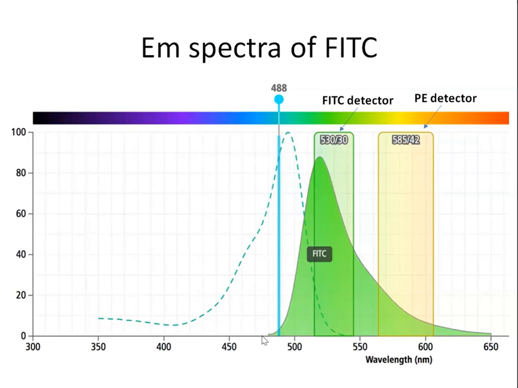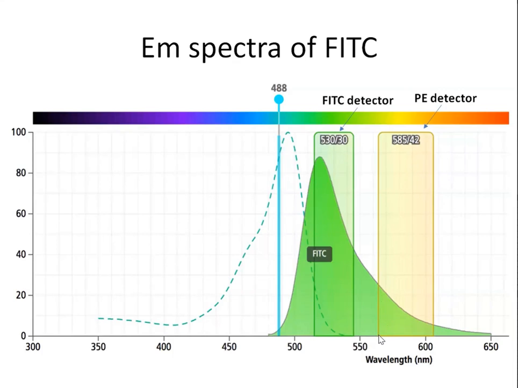But since the emission spectrum of FITC is so broad, some amount of this light is emitted at other wavelengths, because the fluorescence emitted from a fluorochrome is not monochromatic like your laser light. That's why, whenever a fluorochrome emits light, it is a spectrum. Similarly, excitation can also happen over a range of wavelengths.